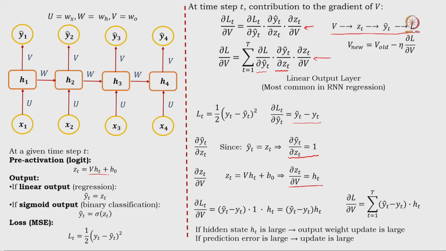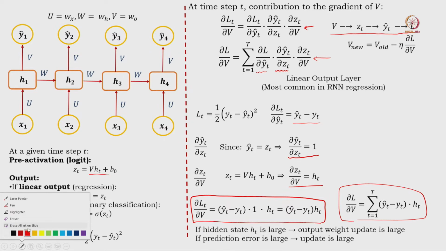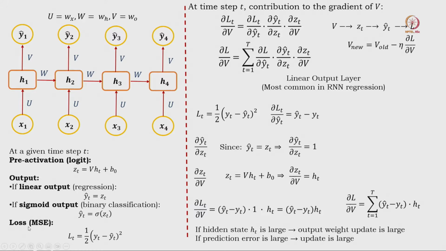So for one single time step, this is the formula. Now, for all the time steps, just take the summation of it. This is the derivative of loss with respect to V. I hope this is clear to you. Solve along with me so that you will be able to understand what exactly we are doing.